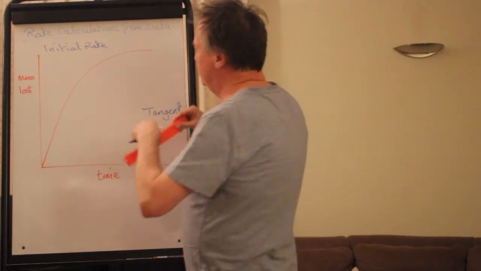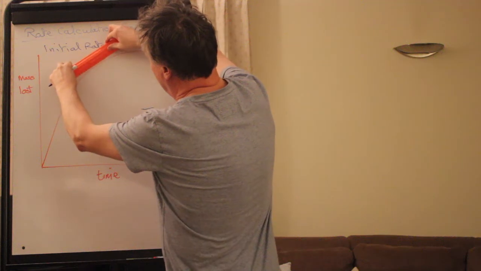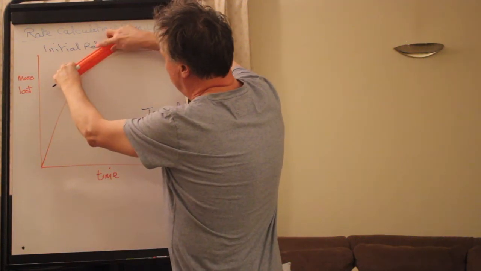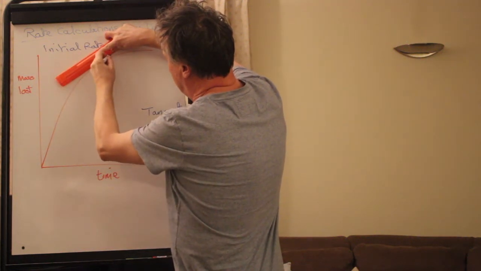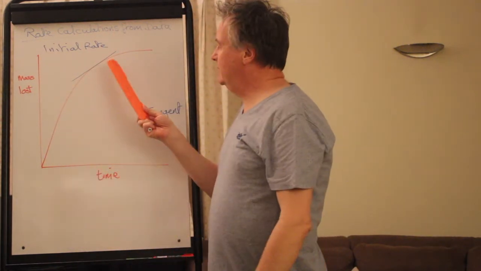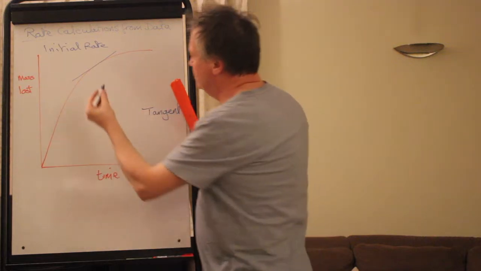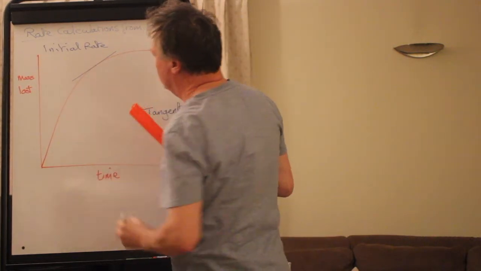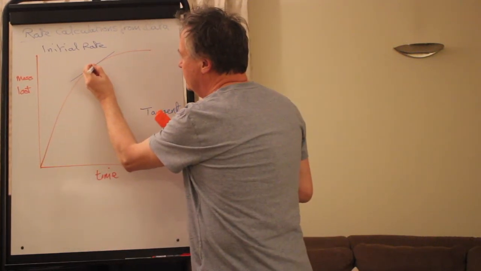So if we were looking to measure the rate here, you would need your tangent line to do that. It's a line that touches the curve at the point where you wanted it to be. I put a dot where I wanted it to be.